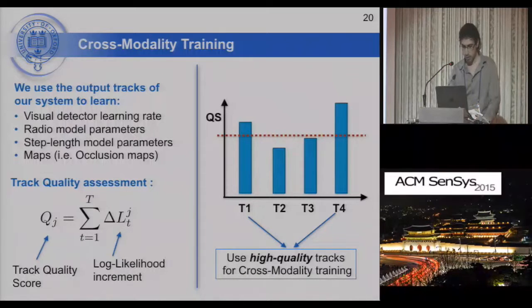To do that, we use a likelihood-based score measure, which quantifies the quality of each track. For example, tracks that have a lot of missing observations get a low score. Basically, we want to assess how close an output trajectory is to the actual ground truth.